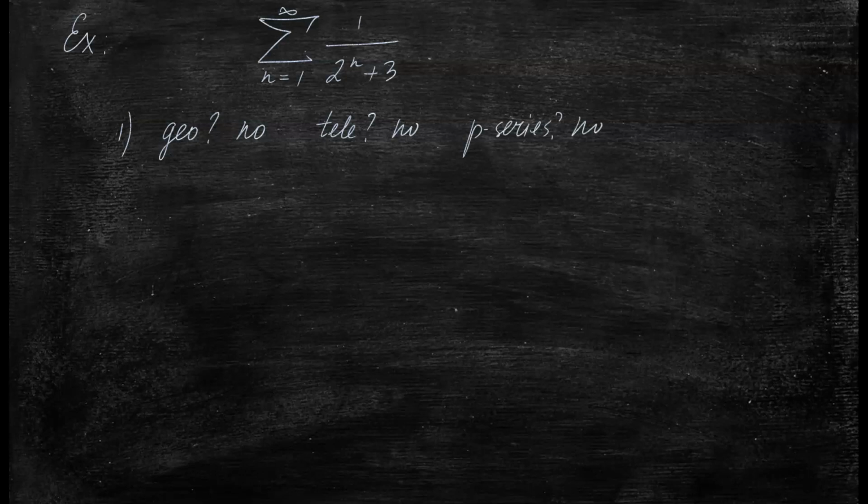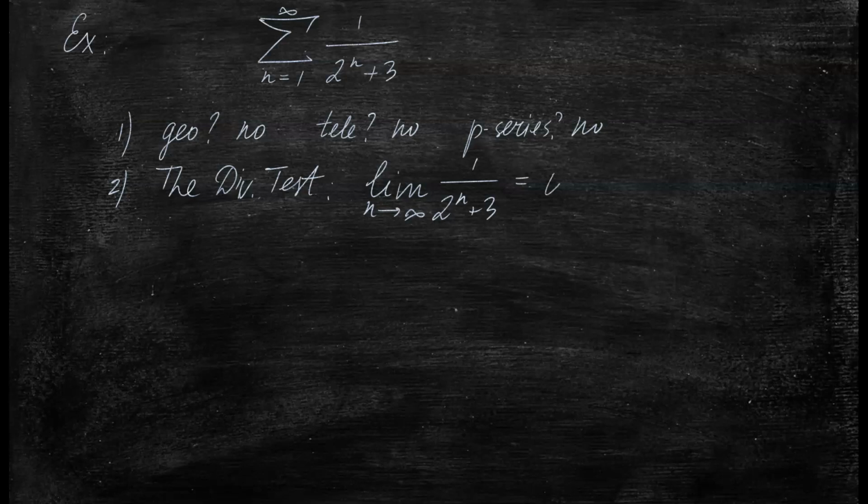The answer is also no. Let's set up the divergence test. You never want to miss out on this one. Even though it may be time consuming, you still should set it up. In this case, the denominator goes to infinity, so the ratio of 1 over infinity goes to 0, so the test is inconclusive.